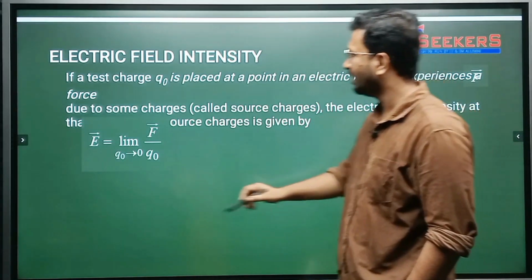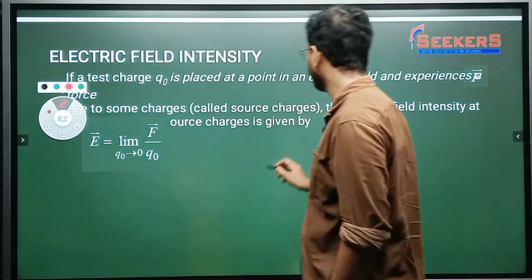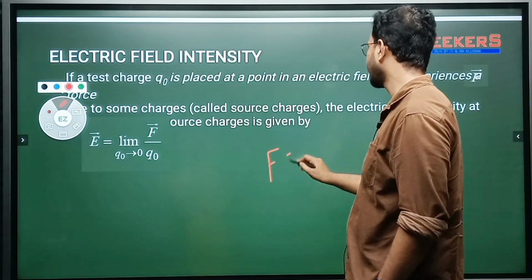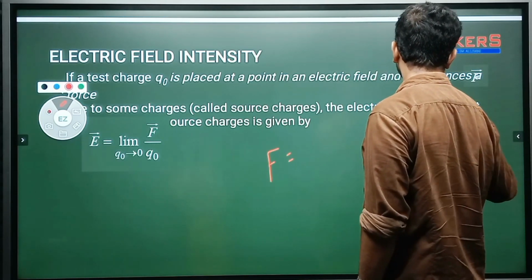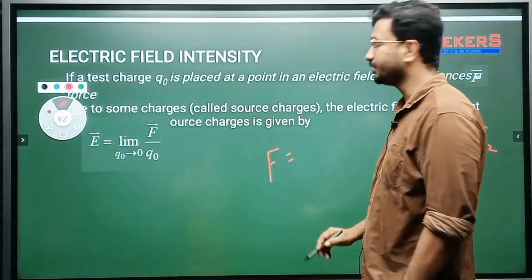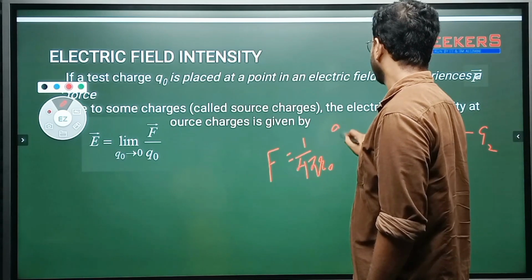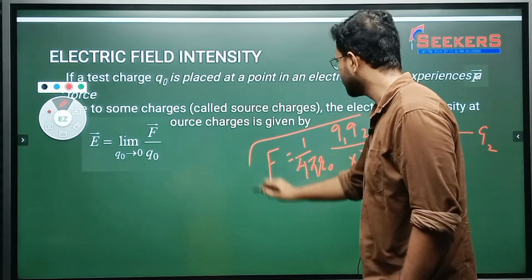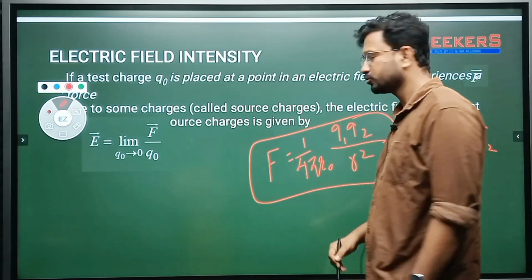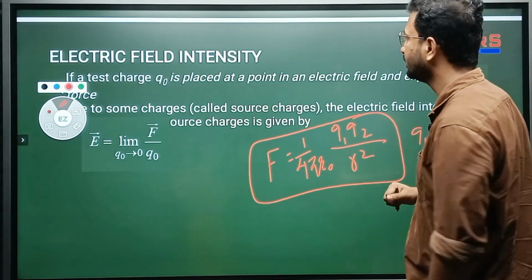For example, we just discussed Coulomb's law, the force between two charged particles Q1, Q2 separated by some distance r. The force between them will be 1 by 4 pi epsilon naught Q1 Q2 by r square. This is the force exerted by Q1 on Q2, or Q2 on Q1, whatever you say.